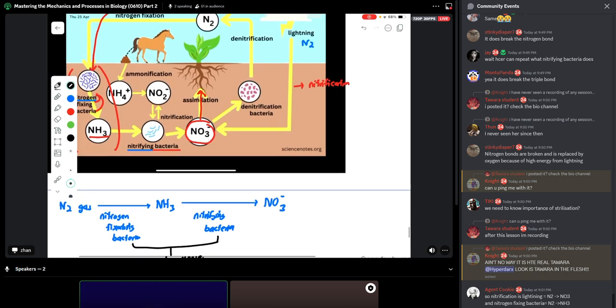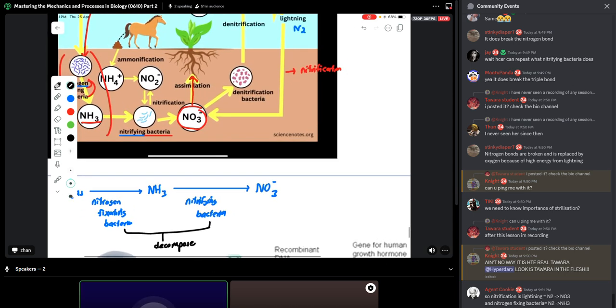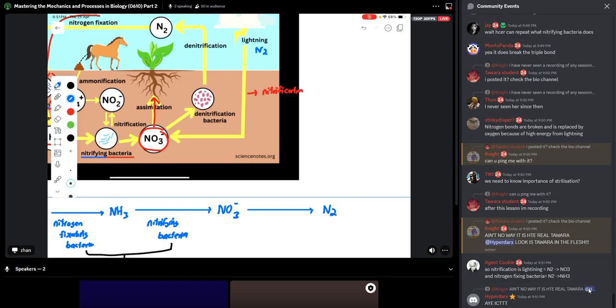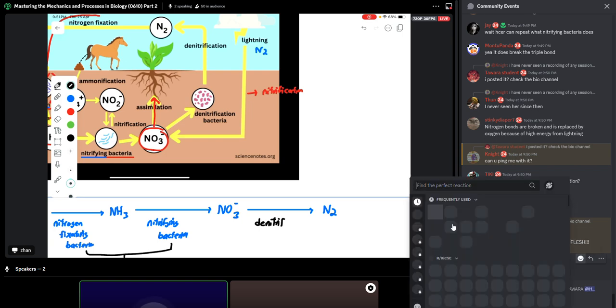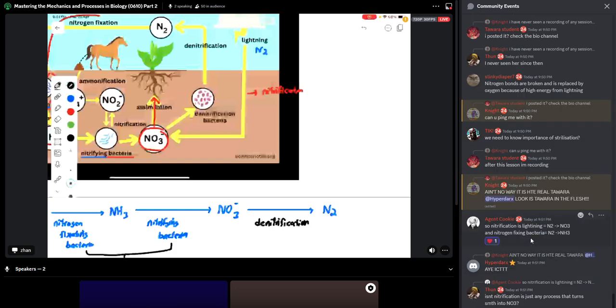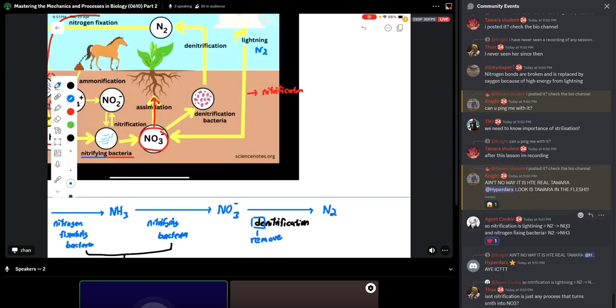Okay, so now this NO3 minus wants to go back to the air. So it has to go by denitrification. So back to the air, N2, is by denitrification. Isn't nitrification just any process that turns something to NO3?